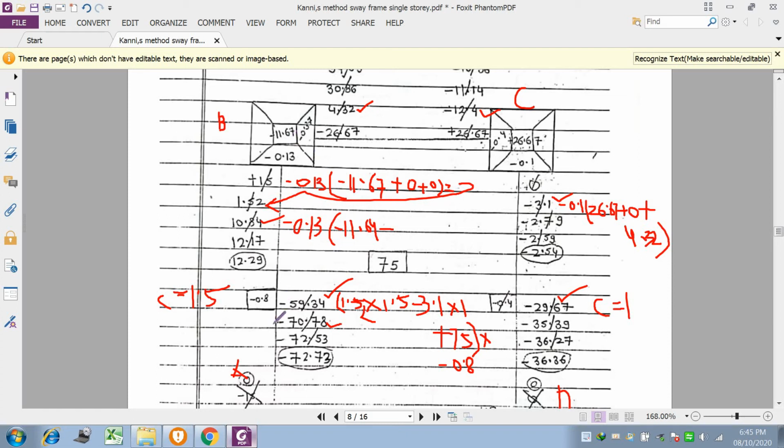Here the far end value will be minus 59.34 you have to write here, and here it was minus 12.4. Let us see what the answer will be.